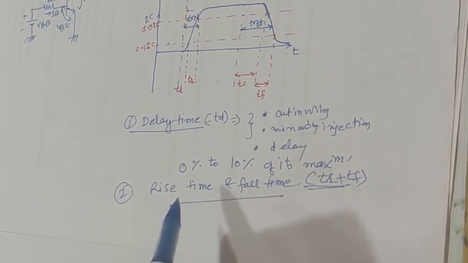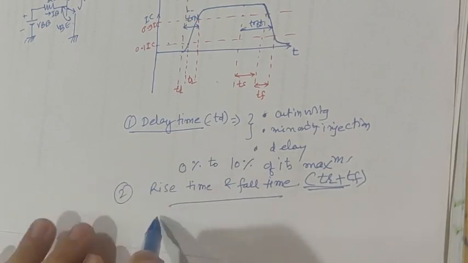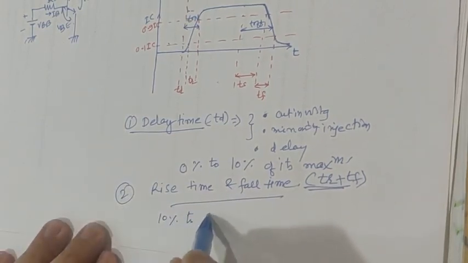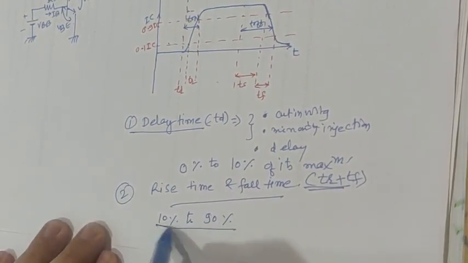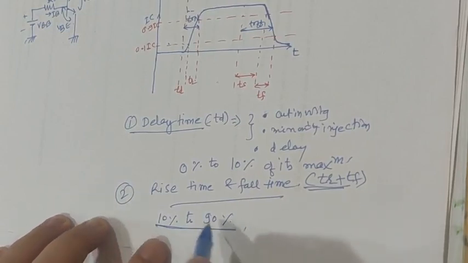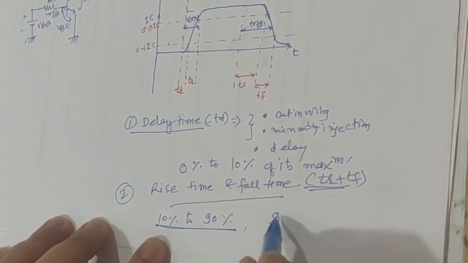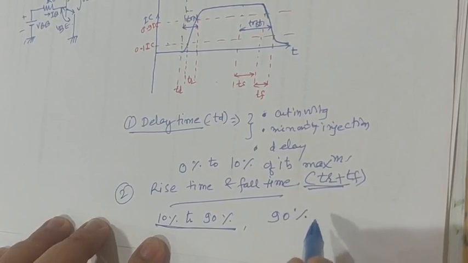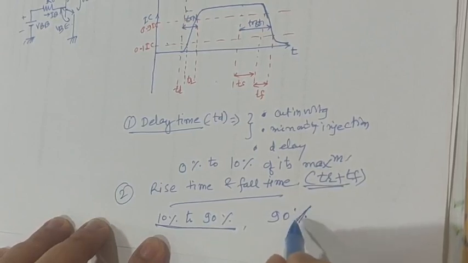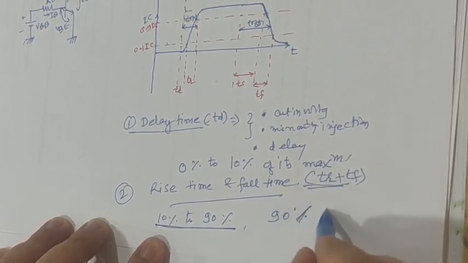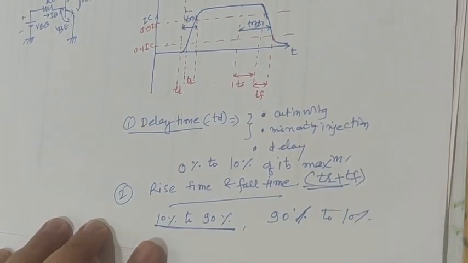So rise time is the time required by the transistor to rise its collector current from 10% to 90%, and fall time is exactly opposite to that, the time required by the transistor to fall its collector current from 90% to 10% of its maximum.